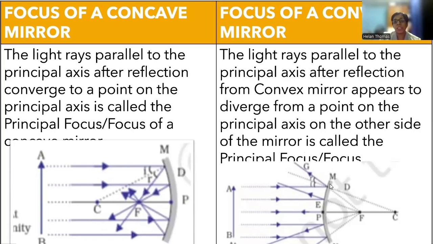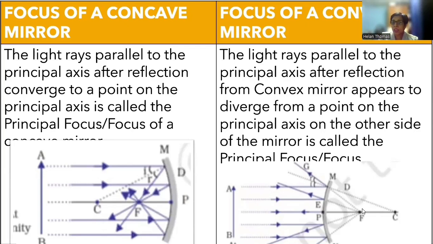While in the case of a convex mirror, the light rays that are parallel to the principal axis will diverge. They will get reflected without converging, so they will all be dispersed away. But if you extend those reflected rays backward, they will all meet at a point on the principal axis, and that point is the principal focus of a convex mirror.